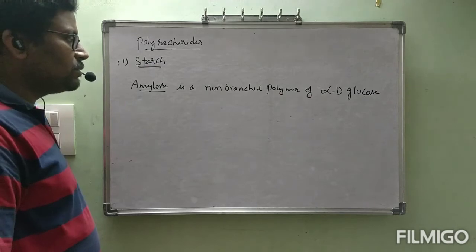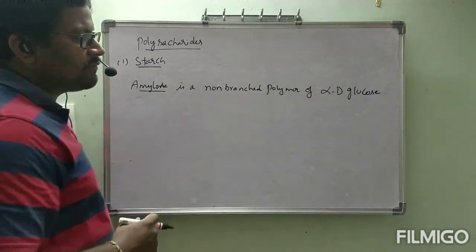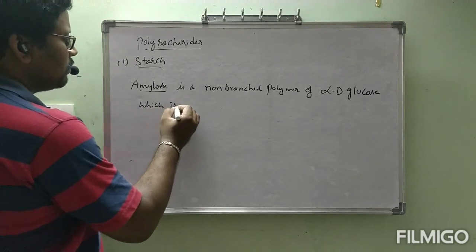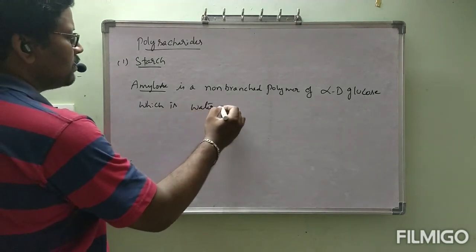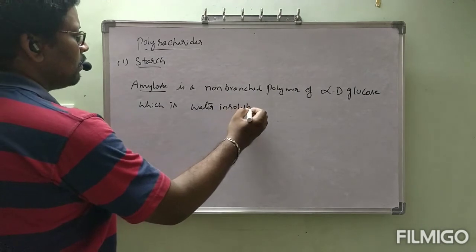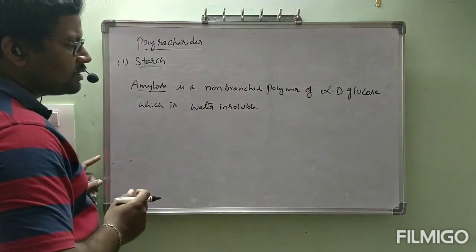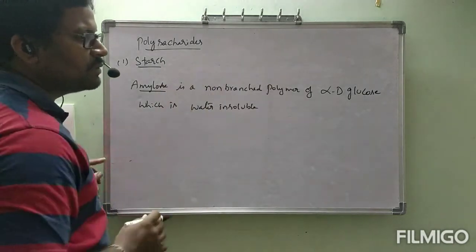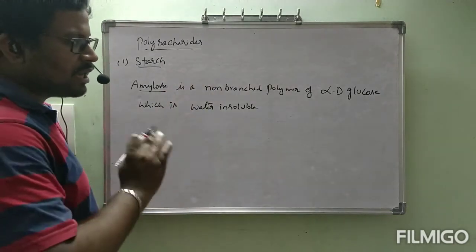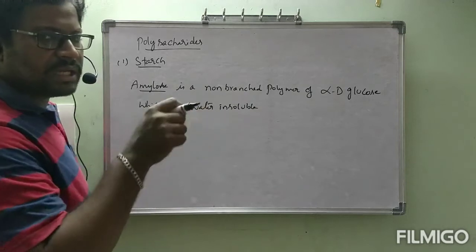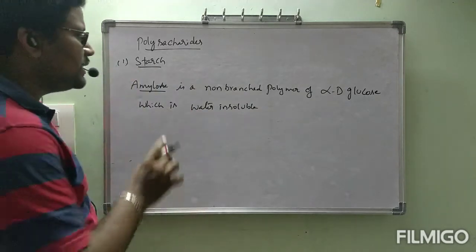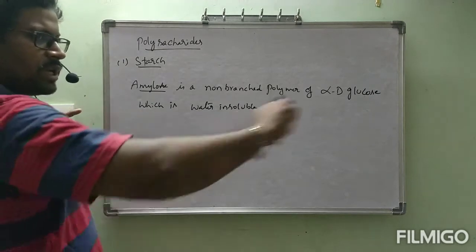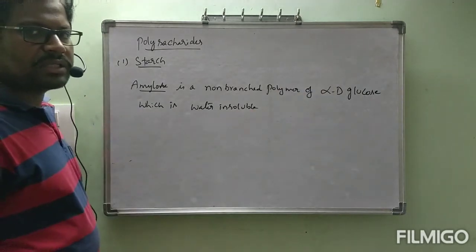It is a non-branched polymer of alpha D glucose, which is water insoluble, and contains almost 100 to 200 alpha D glucose units. That is amylose. Now we will see how this amylose is constituted by drawing the structure.